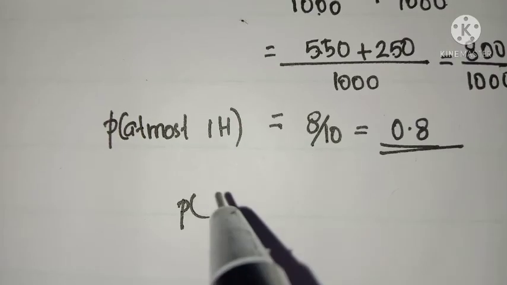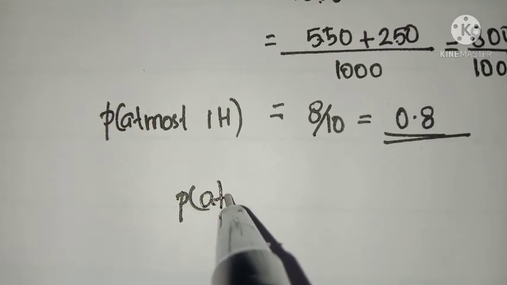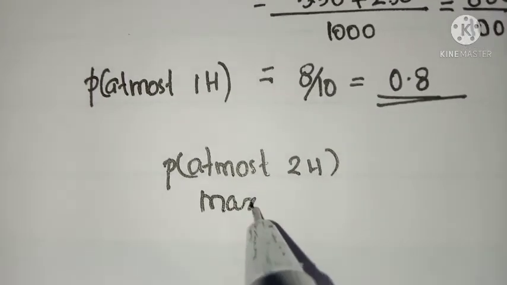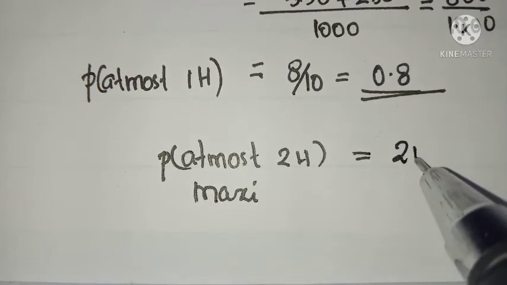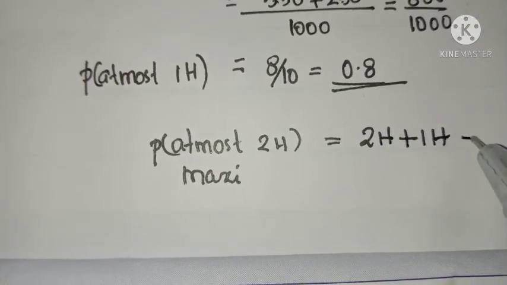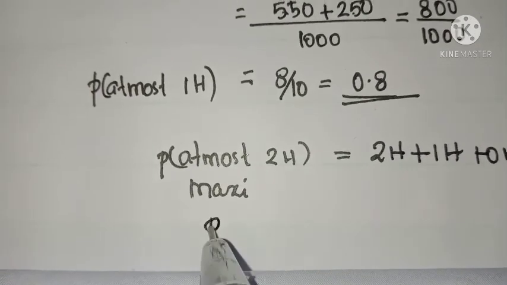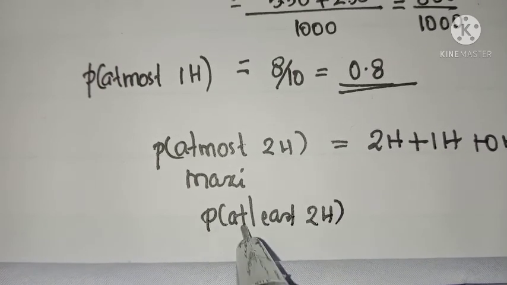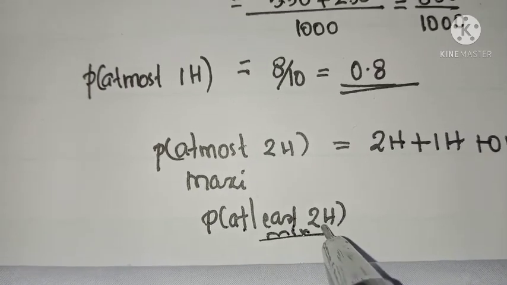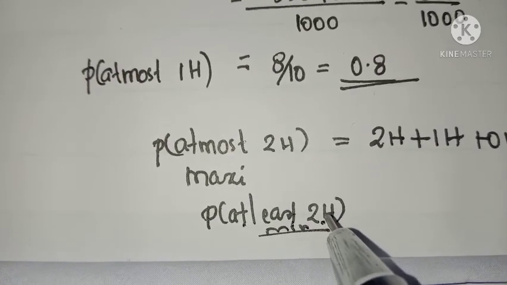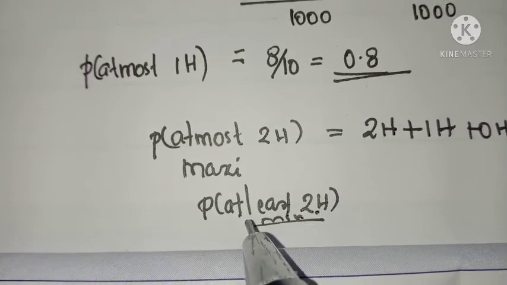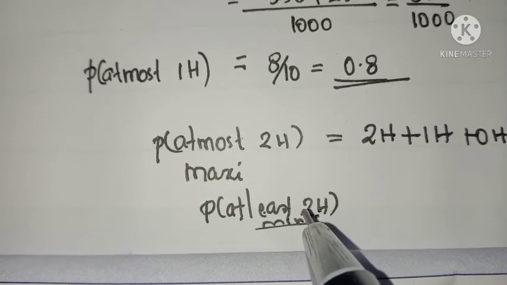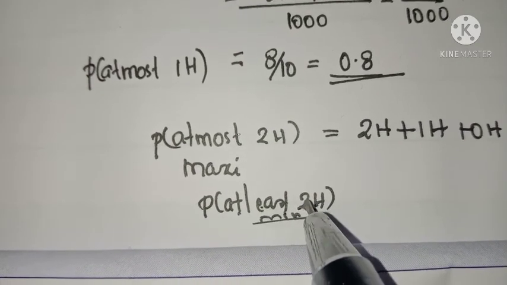So probability of getting at most one head is equal to 0.8. Listen, suppose we have probability of at most two heads. At most means maximum. So in this case we can consider two heads, one head, then 0 head. P of at least two heads means that minimum we need two heads. It is not possible to consider one head or 0 head, because minimum two heads means it is not possible to consider any values less than 2.